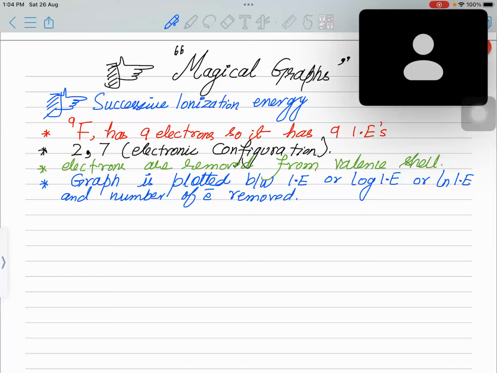Can anyone tell me the relationship between ionization energy and nuclear distance? Inverse, right? Inverse relationship. Inverse relationship means, can anyone elaborate? Like as the distance increases. Down the group, this reason is for 3 marks.